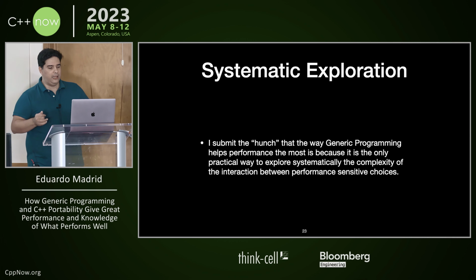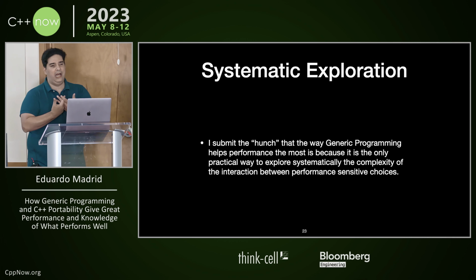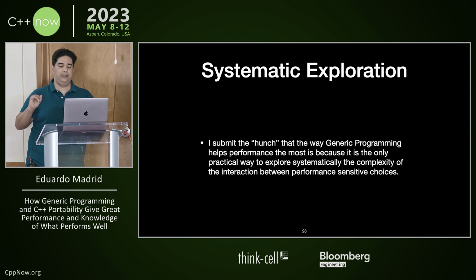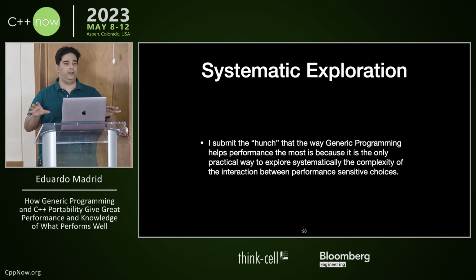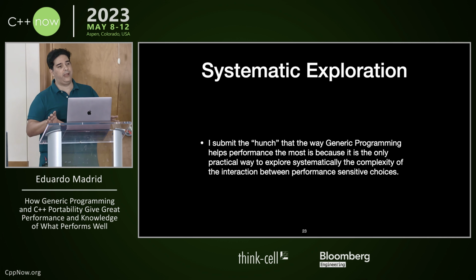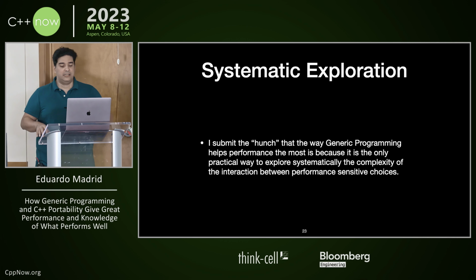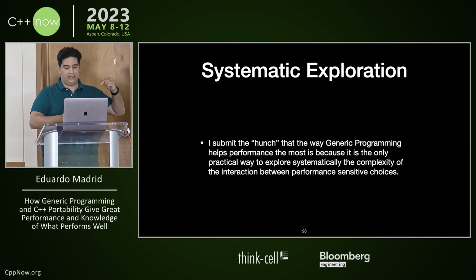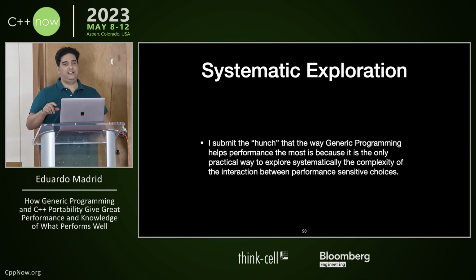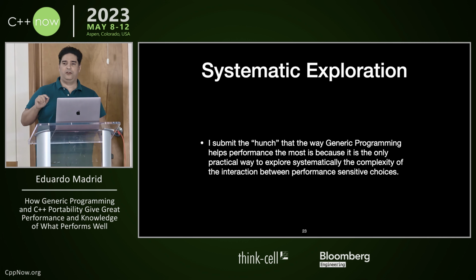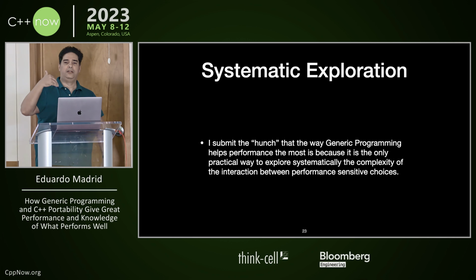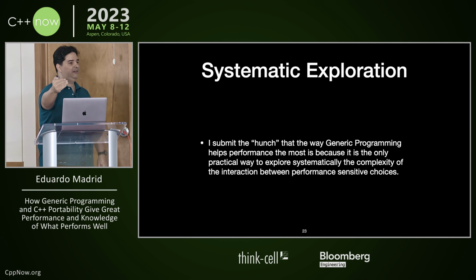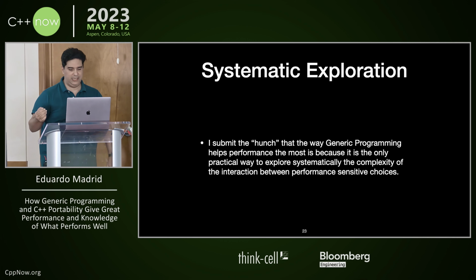So, at this point, I don't have the hard evidence of having run the systematic exploration of all the configuration parameters that I have for the Robin Hood hash table implementation that I have been working on for 2 years. But my hunch is that systematic exploration of the performance choices, sets of performance choices, is going to be the one that is going to push it over the capabilities of competing hash table implementations.